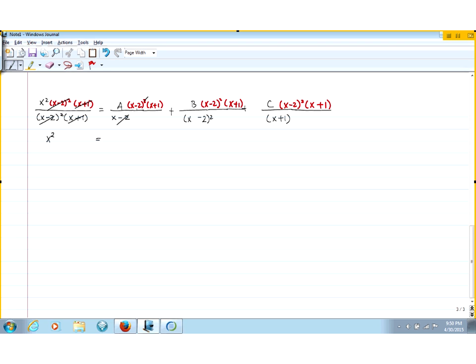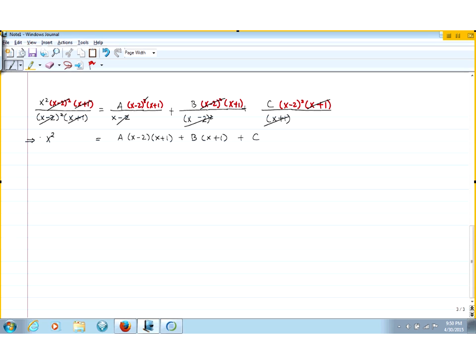So x squared here is equal to, well, I am crossing x minus 2, but I still have one x minus 2 on top. A times x minus 2 times x plus 1. Plus B, now I'm crossing the x minus 2 squared times x plus 1, plus C, where I'm crossing out x plus 1. Okay?